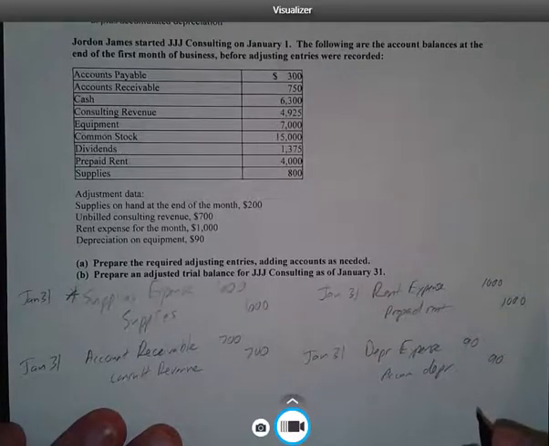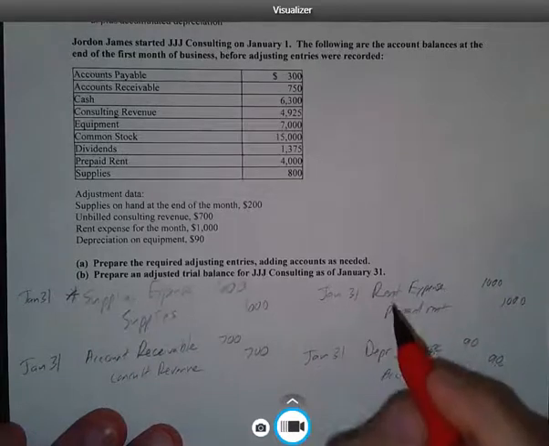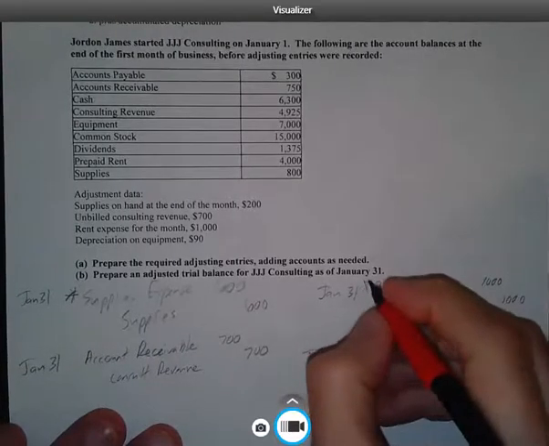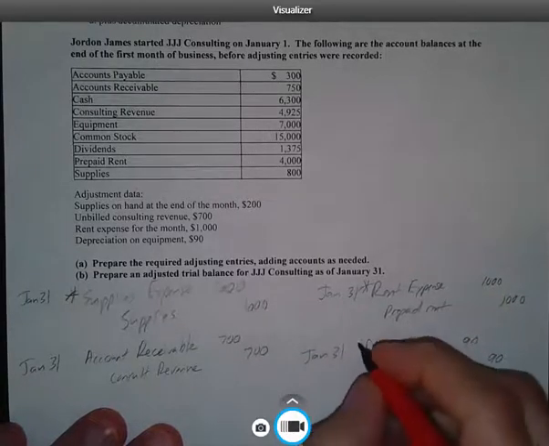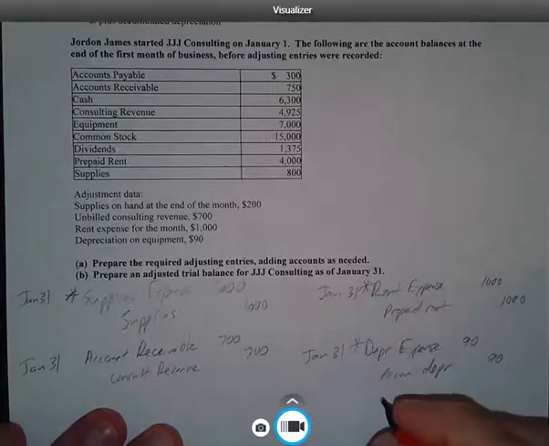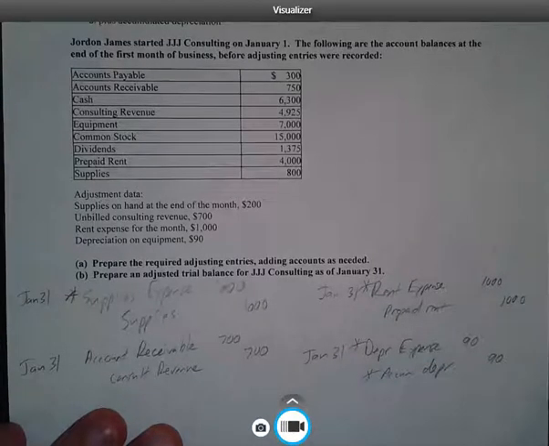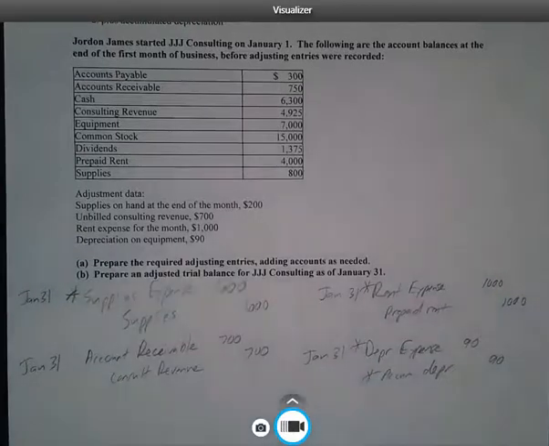I want to put an asterisk by the rent expense, by depreciation expense, and by accumulated depreciation. Now what those asterisks represent are new accounts that are not up here before the adjusting entries. So these are going to be added, four of them.